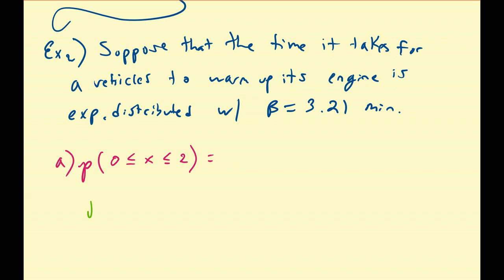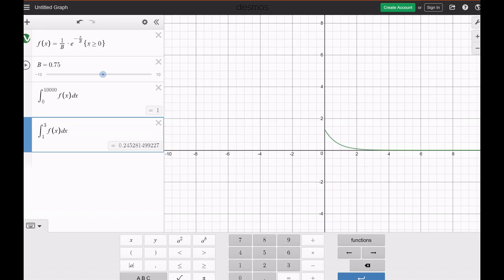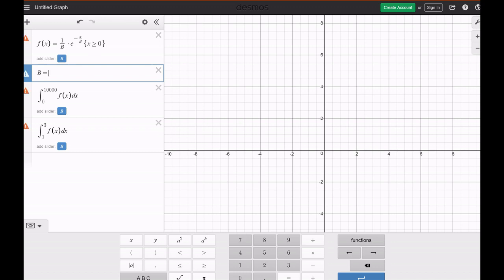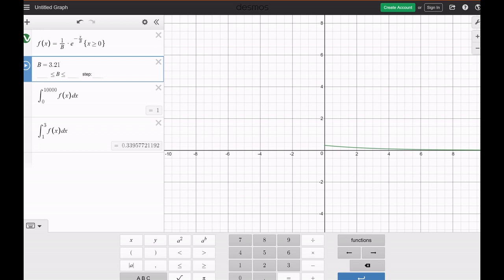So again, the average time is going to be equal to beta, which is 3.21, and always make sure that these times, or whatever you're measuring, are in the same exact unit. So let us go over to our exponential distribution and change our value of beta. So beta is going to be equal to 3.21. So this new curve is going to be our new PDF. And again, we see that the area under that curve is equal to 1, which is good.